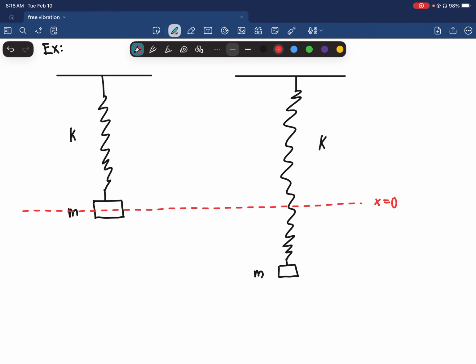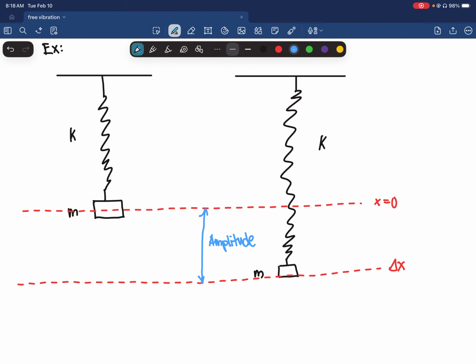And this is our change in position, delta x. And this range, this is what we call the amplitude.